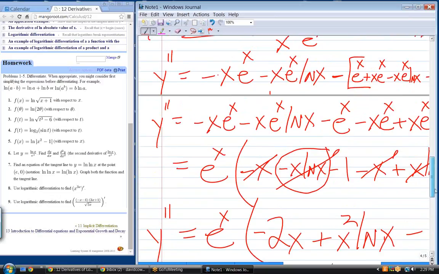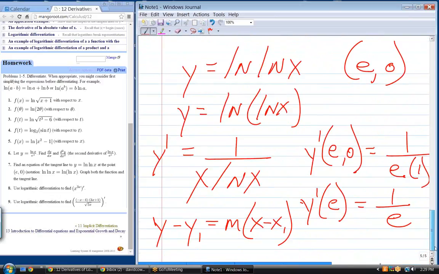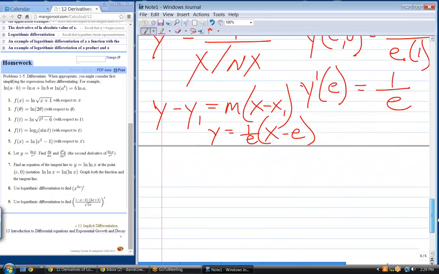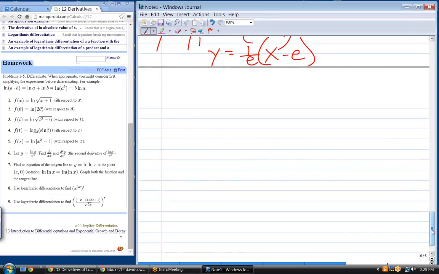What's our y and what's our y sub 1? 0. So we have y equals our slope, 1 over e, times x minus e. So there is the equation of the tangent line at that point.